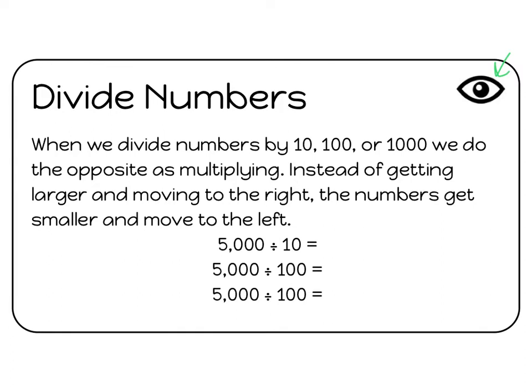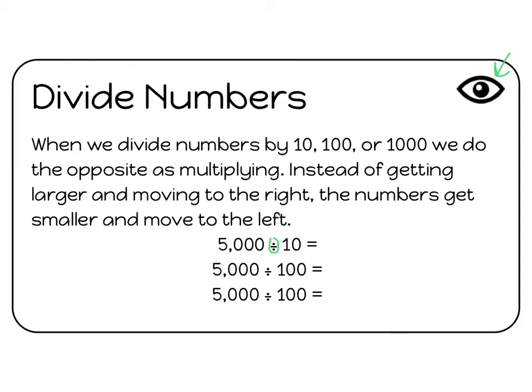Instead of getting larger and moving our numbers to the right, the numbers get smaller and they move to the left. So here I have the example 5,000, and I'm going to take 1/10 of it, or divide by 10. And you'll notice that whenever I have a division symbol, instead of getting bigger, my number is going to get smaller. And we can look at the zeros to help tell us that.